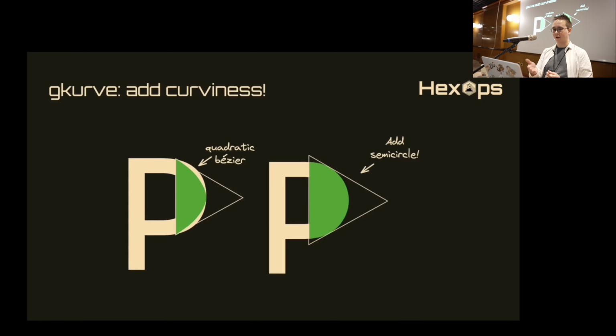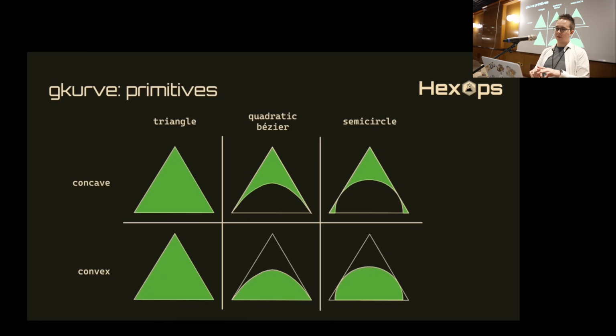If a quadratic Bezier isn't curvy enough, then let's draw something that is actually curvy enough, and that's just half of a circle. So we end up with this table of primitives to work with. The top row and the bottom row, at least the 2 on the right, are the same. They're just inverted, so we're just choosing which side we fill in with color.